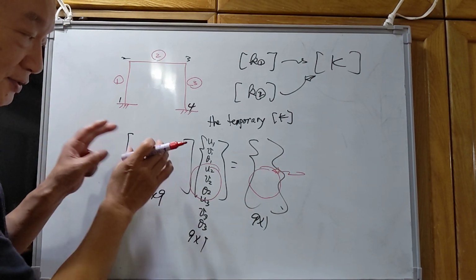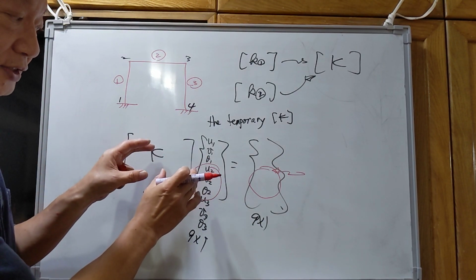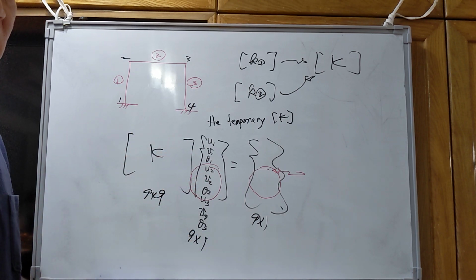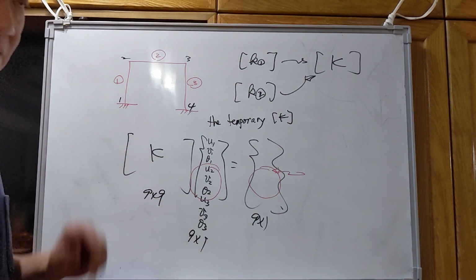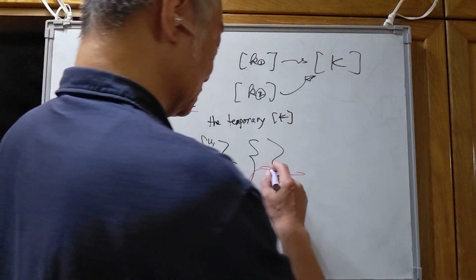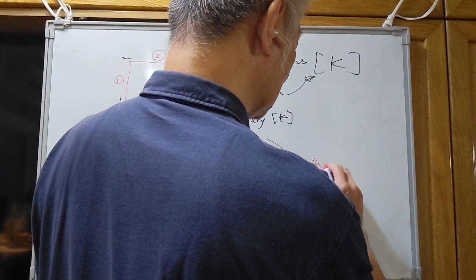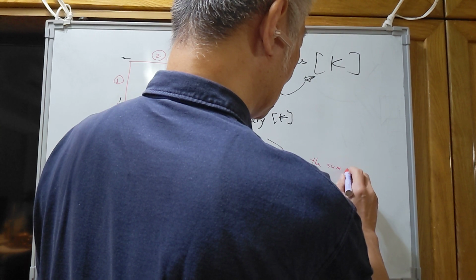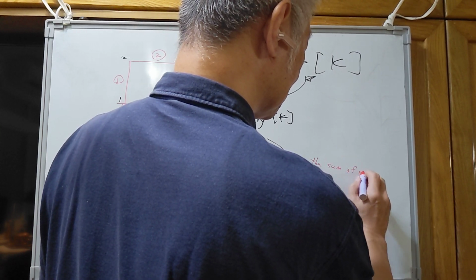Since we have assembled element 1 and element 2 into this global K matrix, the right hand side will be the sum of member end forces.